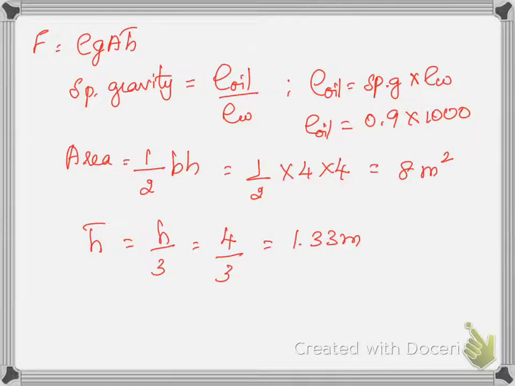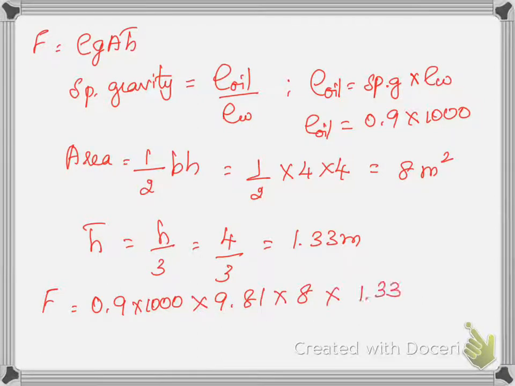Now it is very easy for me to calculate the total pressure force. So F is equal to rho value 0.9 into 1000, and G value is 9.81, A value is 8 meter square and H bar value is 1.33. So my force will be equal to 9597.6 Newton.